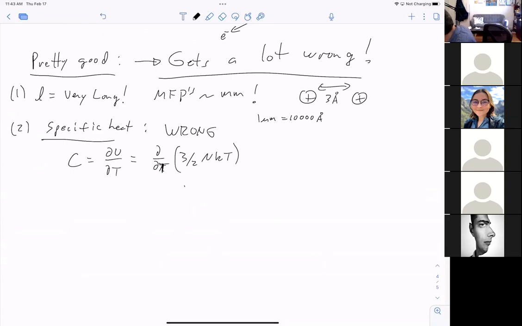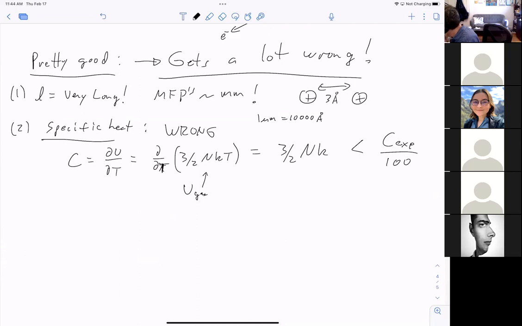That's the u for a classical gas. You take the derivative of that and you get 3/2 nk. So that's the heat capacity. That's what you should get, the heat capacity of the valence electrons, 3/2 times n, where n is the number of electrons. But that's totally wrong, because when they measured it experimentally, they found that this was less than the experimental one, like the experimental one divided by 100.